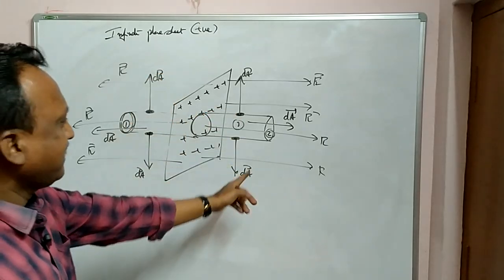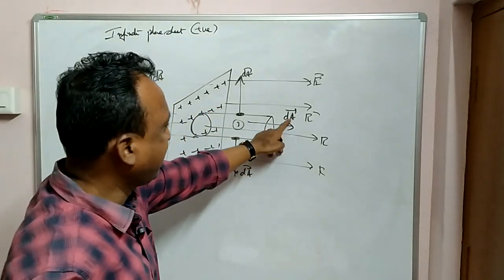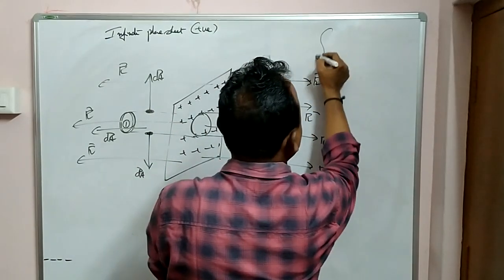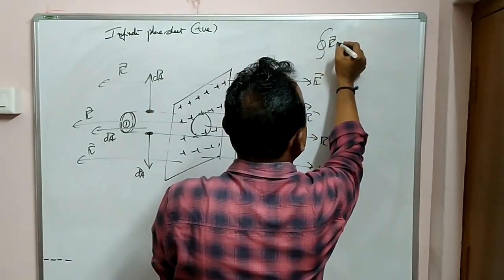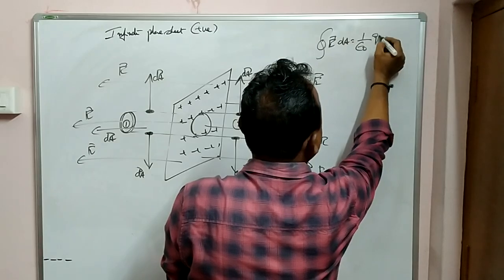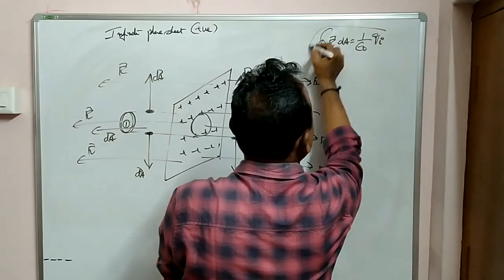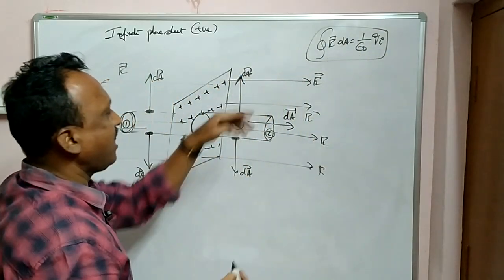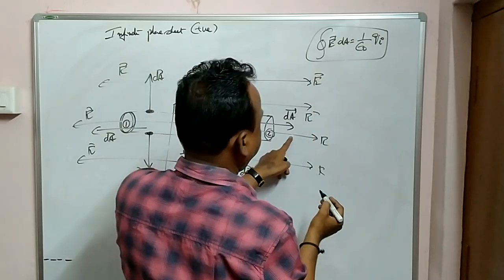So it is very clear, these are parallel. You can see E and A. What is Gauss law? Integral E dot dA is equal to 1 by epsilon naught times Q inside charge. So when you apply Gauss law here, it's only parallel.